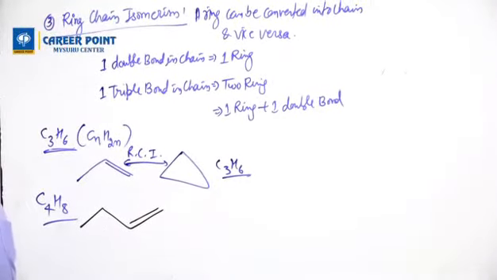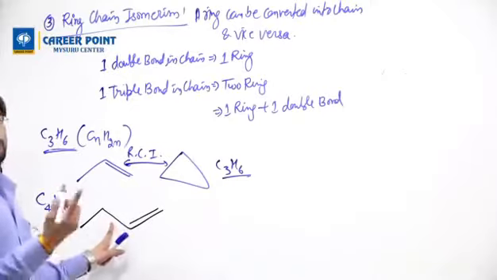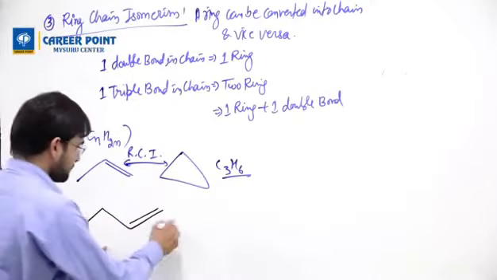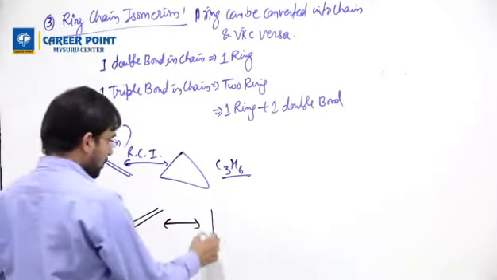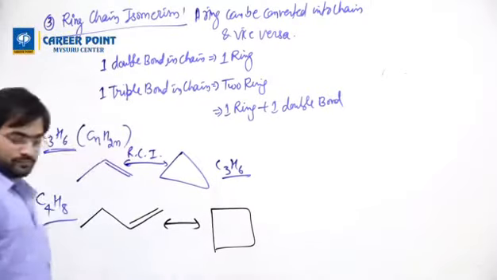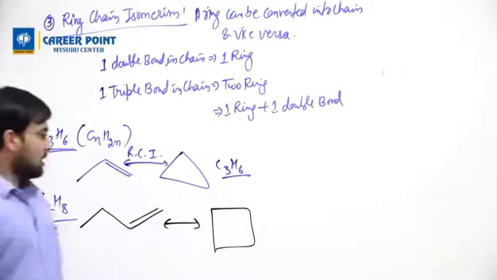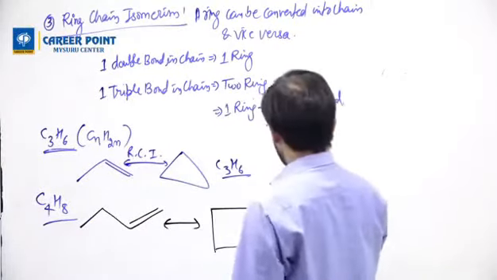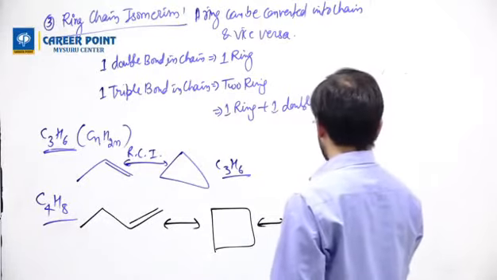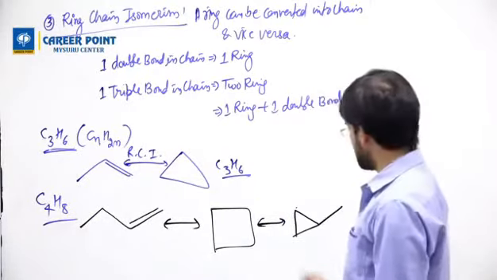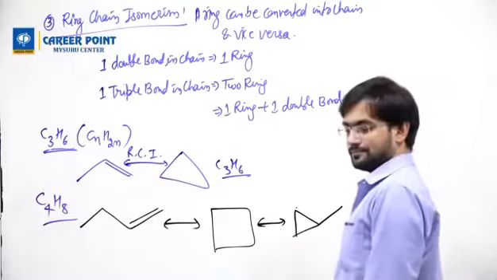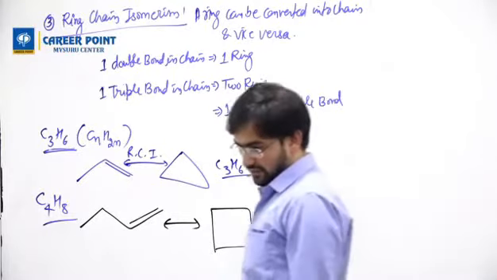One double bond. Now if you change the double bond, it will become position isomer. Okay. So a 4-membered ring, or this 4-membered ring could be converted into a 3-membered ring with one substitution. These 3 only, right, or different 3?